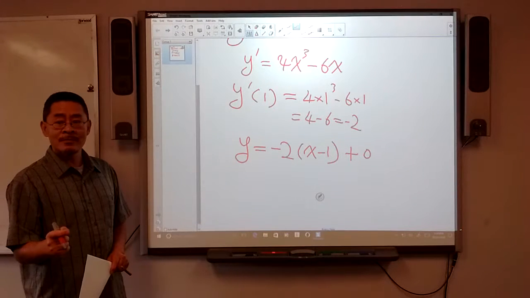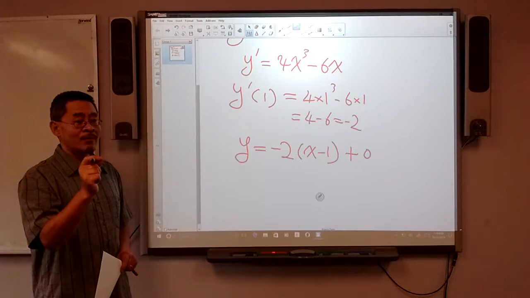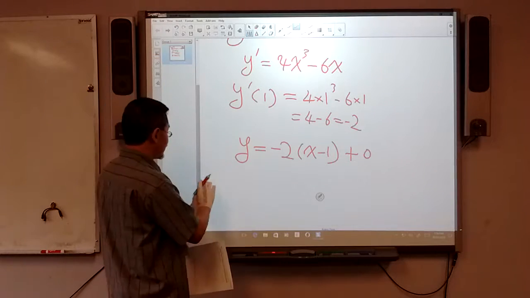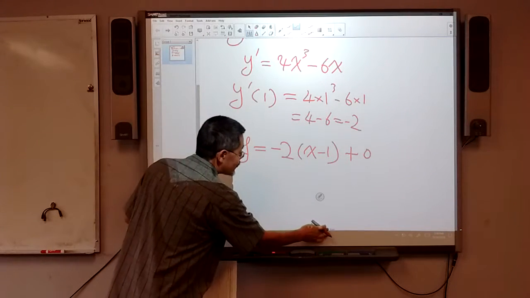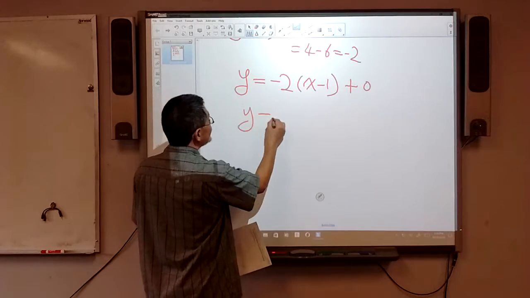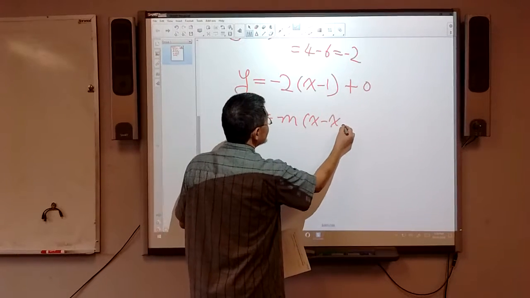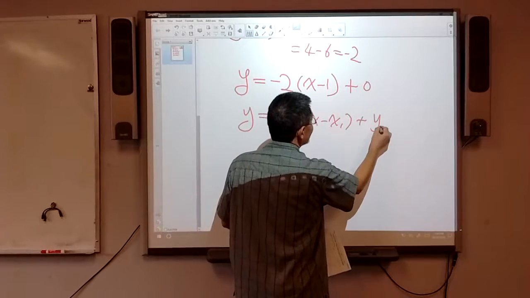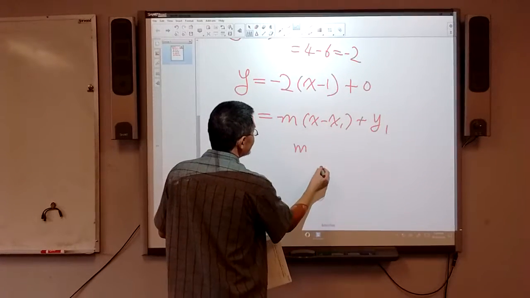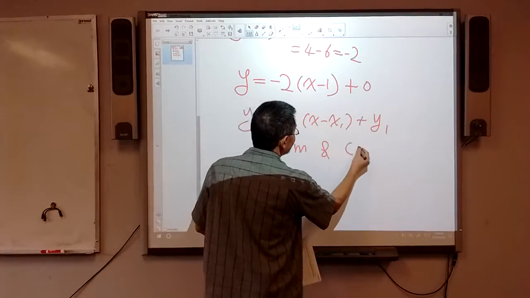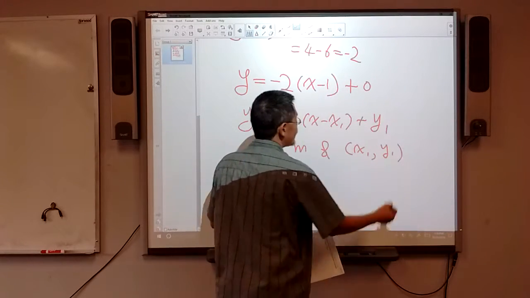We good on this one? We good on the point slope form? Remember, it's y equals m times x minus x sub 1 plus y sub 1. Slope and point, right?